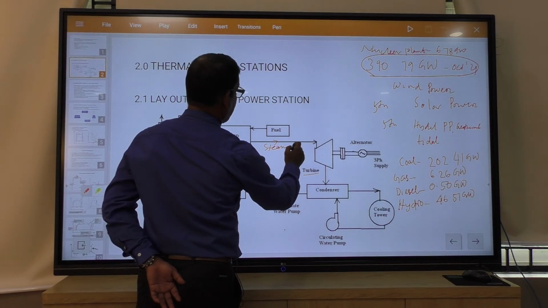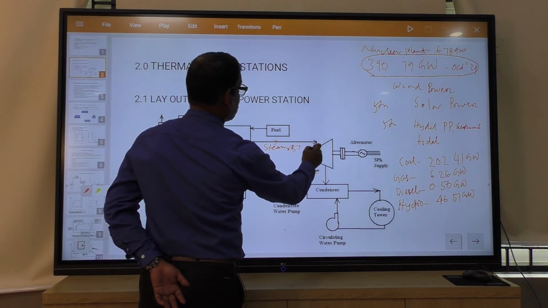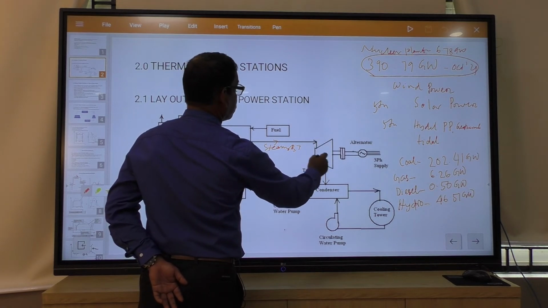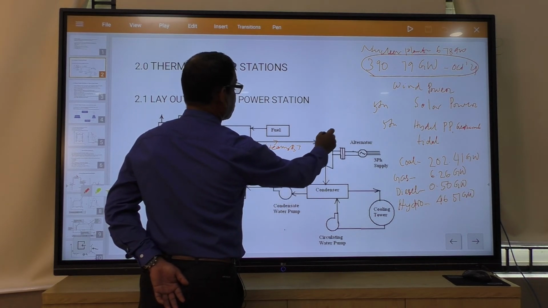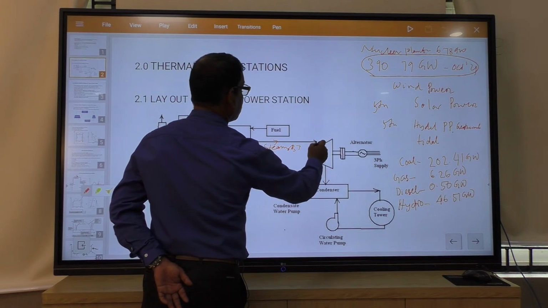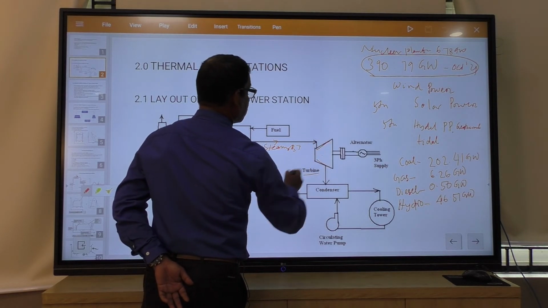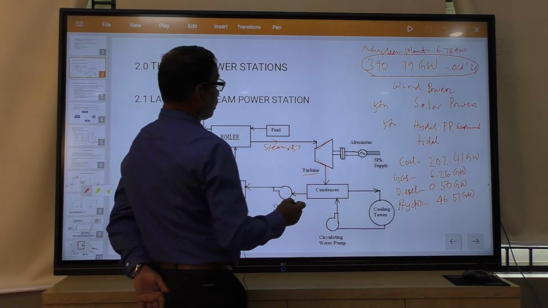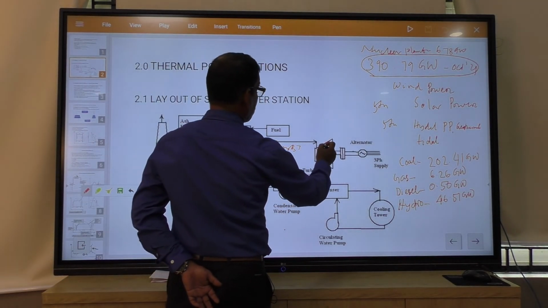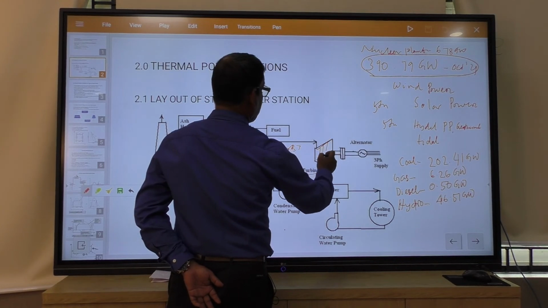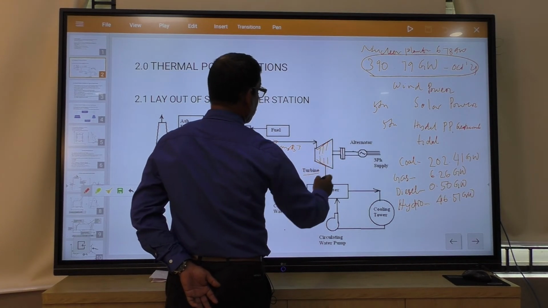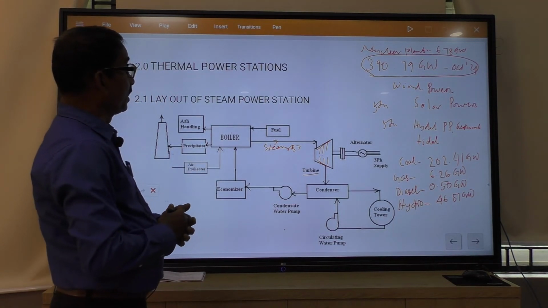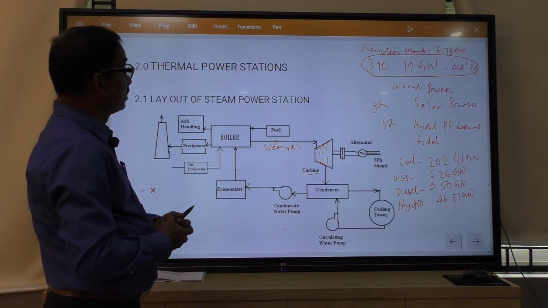at high pressure and high temperature enters into the turbine, and after expansion, this is the symbol of expansion, that means the volume increases in this manner, and we get the work done. Here the turbine blades are there. The steam passing through the turbine blades produces the reaction force.